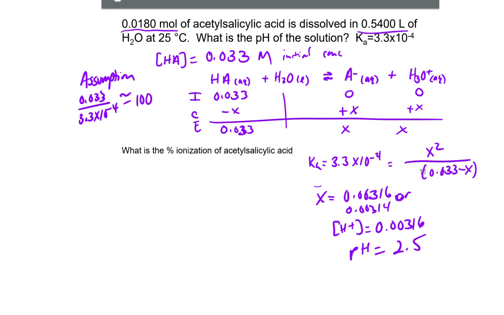Okay, so there's an example of how you can't get rid of the X value. If we want to look at percent ionization for this acid, we're going to take the concentration of A minus, 0.00316, divided by that initial concentration, 0.033, and we'll end up with a value times 100.